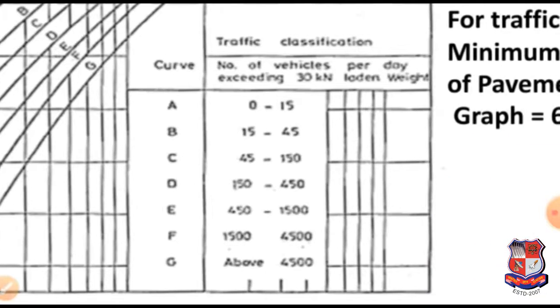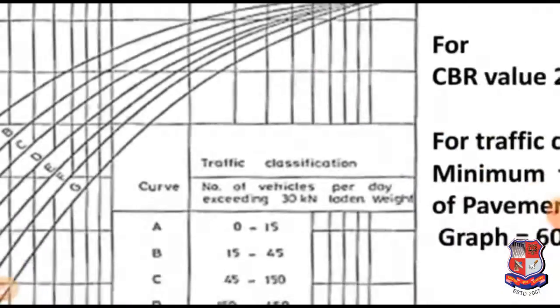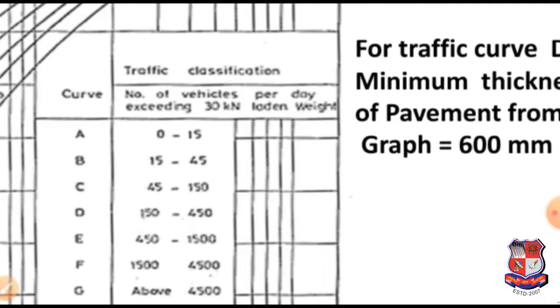The curve A means a road with a traffic classification of number of vehicles per day exceeding 30 kilonewton load and weight, that means 3000 kilogram.